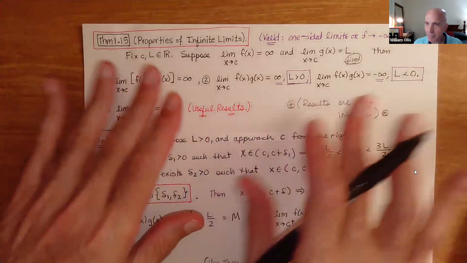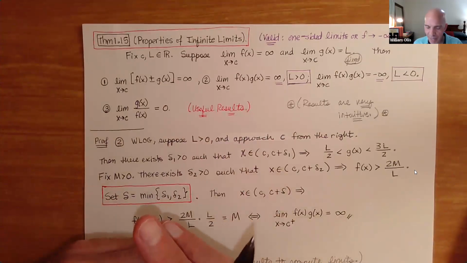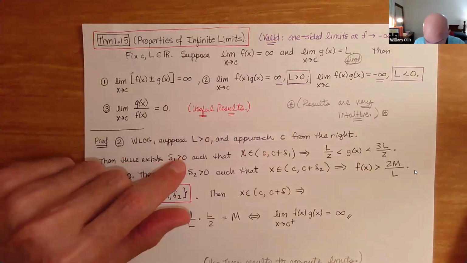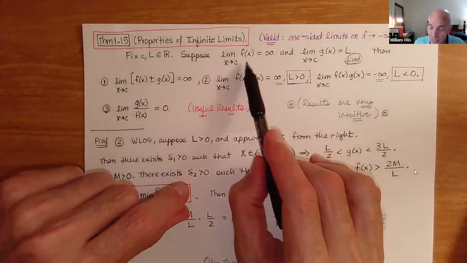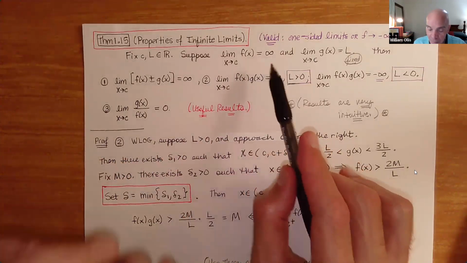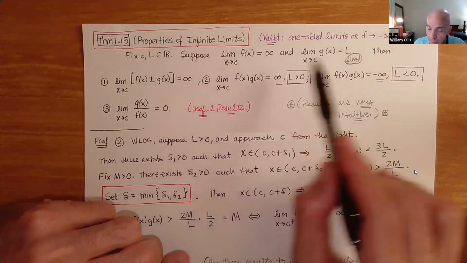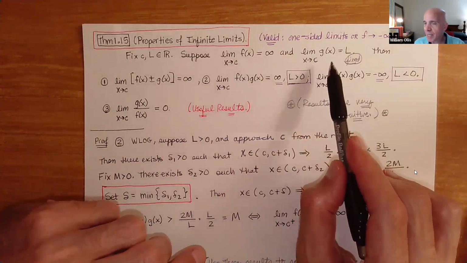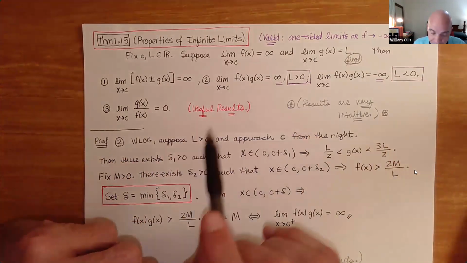So the theorem is just written in a very general manner. So let's just say that the value of f becomes infinite, and then of course, plus or minus, that doesn't matter. The value of f becomes infinite as x approaches c, but g actually has a finite value. So I say this is fixed.